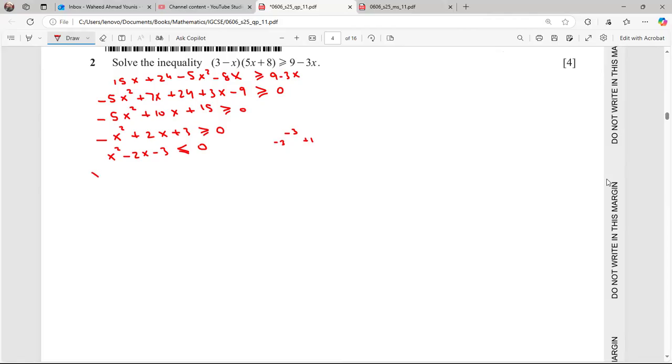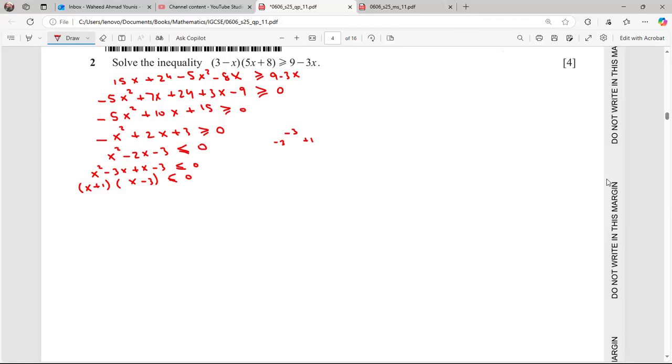So it's x squared minus 3x plus x minus 3. If I take x common from here and 1 from there, it will be x plus 1 times x minus 3. So these are the two factors, x plus 1 and x minus 3.